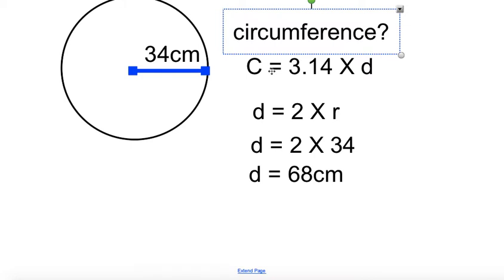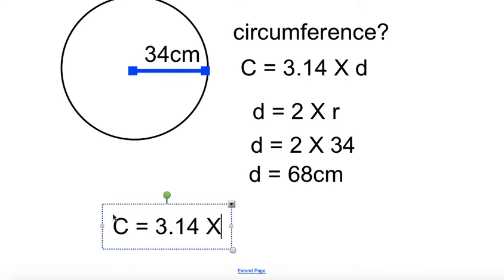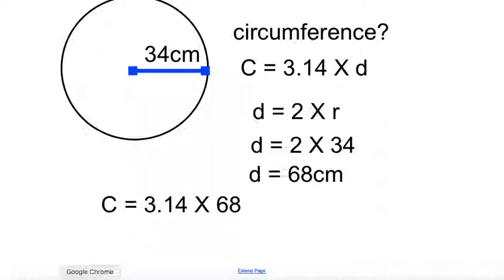Going back to my circumference formula, circumference equals pi, 3.14, times my diameter. And I know the diameter is 68 centimeters. Now for this one, I am going to need a calculator. So bear with me here a moment.